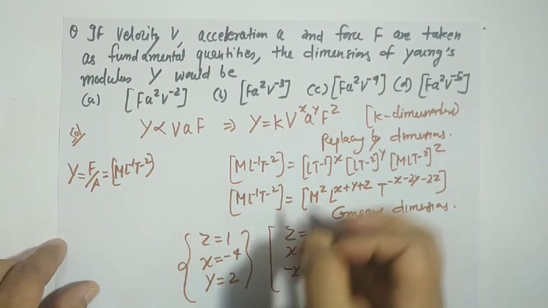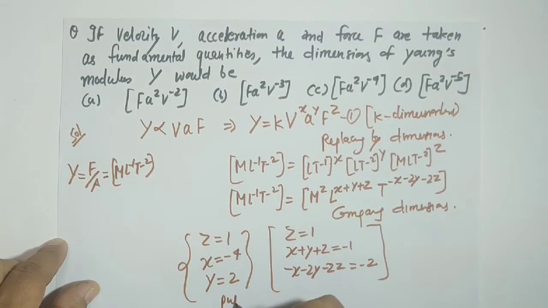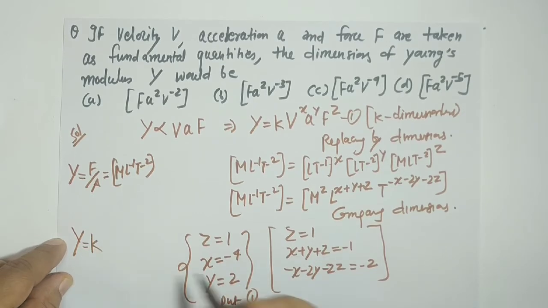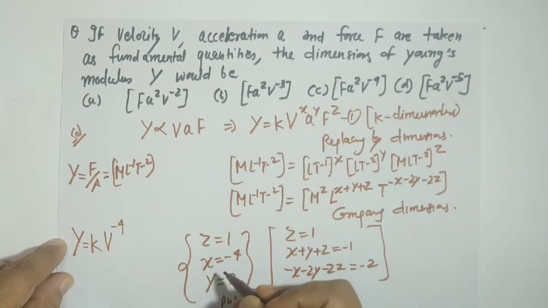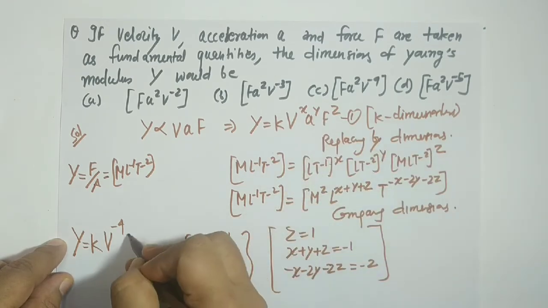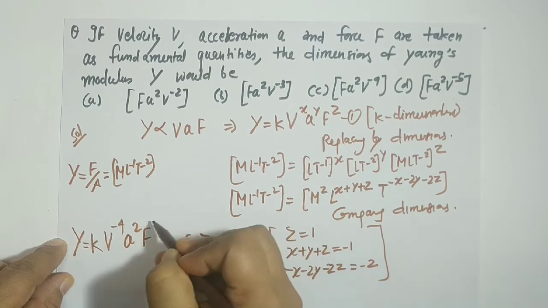And now you put these in the first equation. So when you put them in, you will get the answer that Y is K, v to the minus 4, a to the y which is a square, and then f to the z, z is 1.